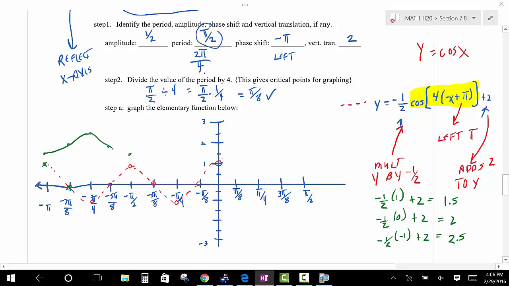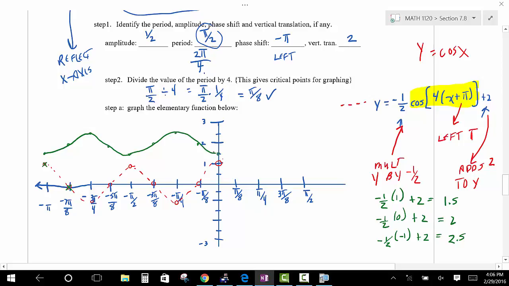So now we're getting everything pieced together, and then you just cycle through it. Now it's going to go to the midpoint, that would go to 2. This one would go up to 2.5. This one would go back to the midpoint of 2. Then that would go back to 1.5. So that cycles you through 2 periods of the graph like that.